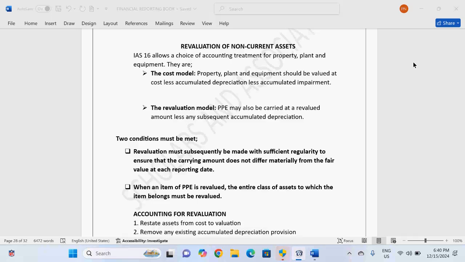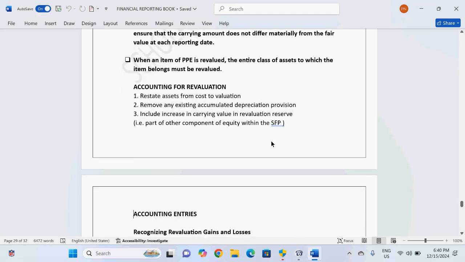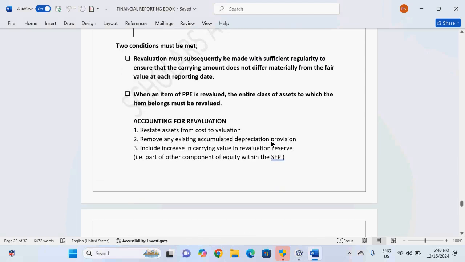So two conditions must be met under revaluation. What are the conditions? That the revaluation must subsequently be made with sufficient regularity to ensure that the carrying amount does not differ materially from the fair value at each reporting date.